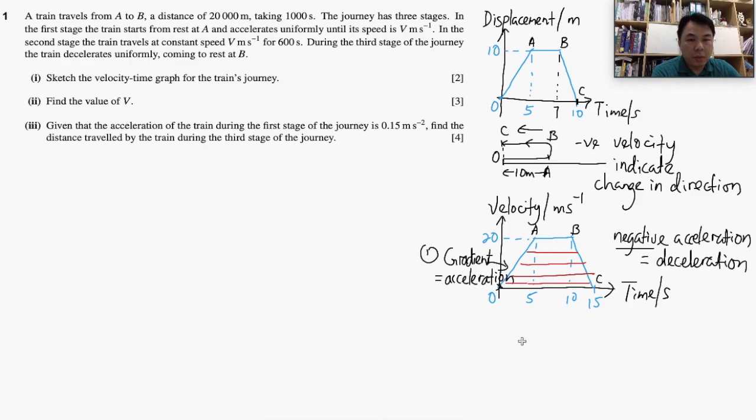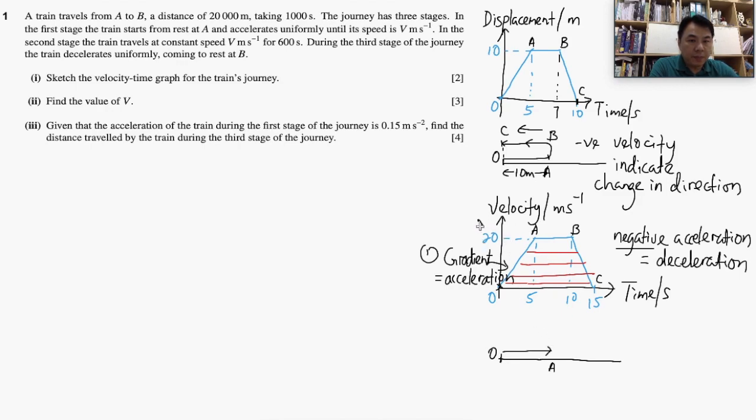Now let me show you how it looks physically in this case. Let me draw that. So initially it starts from O and is accelerating in this direction to A. Its velocity at A is 20 meter per second.